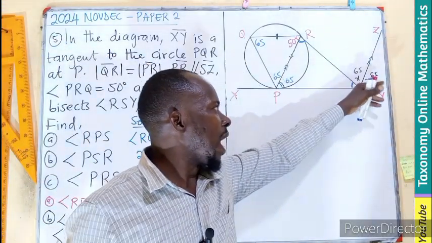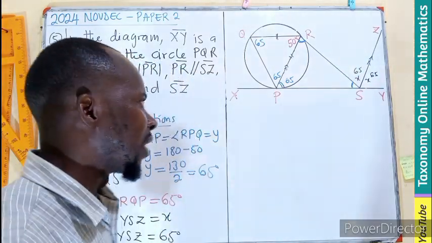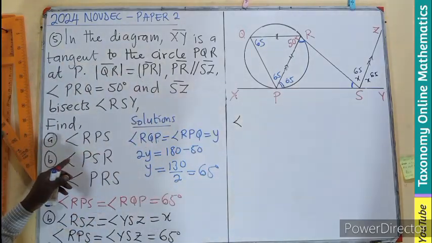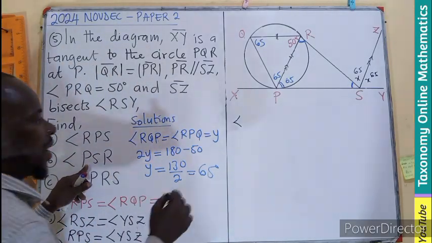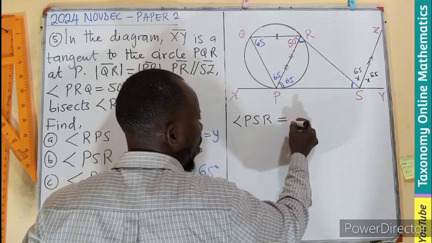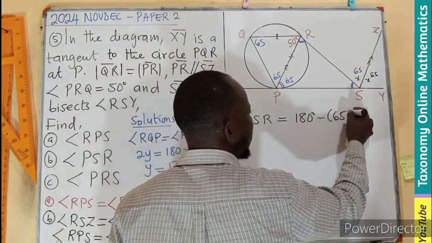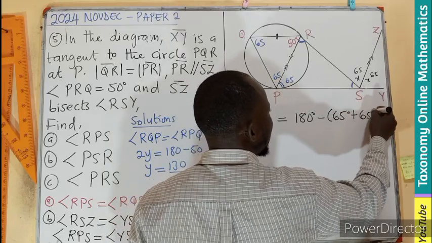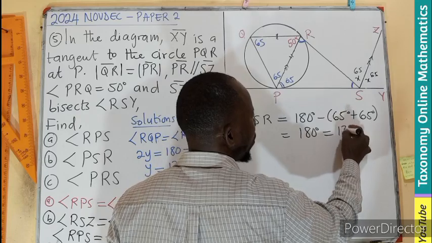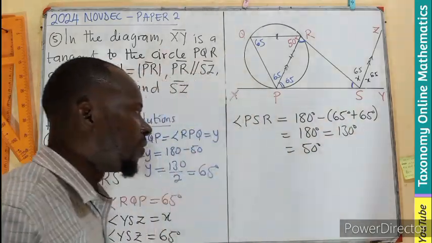So knowing these two angles plus what I'm looking for, they are going to be angles on a straight line. So I can say that the angle I am asked to find, which is PXR, will be equal to 180 degrees minus 65 degrees plus 65 degrees. So 180 minus 130 will be 50 degrees.